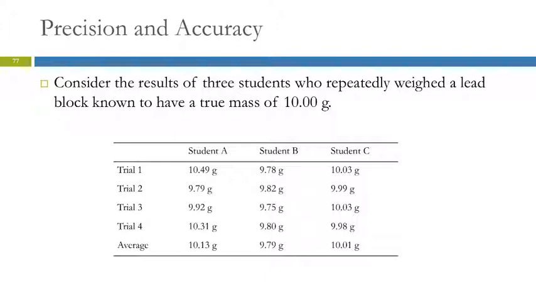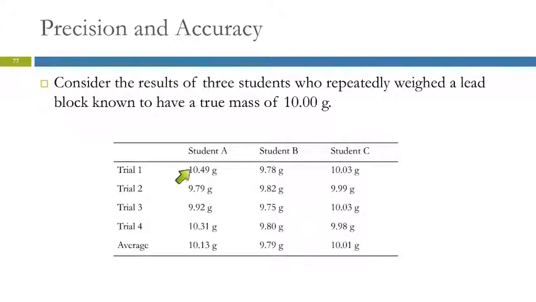Student C. 10.01 is very close to the correct value. So this student is accurate. This one's low, that one's high. Not very accurate.